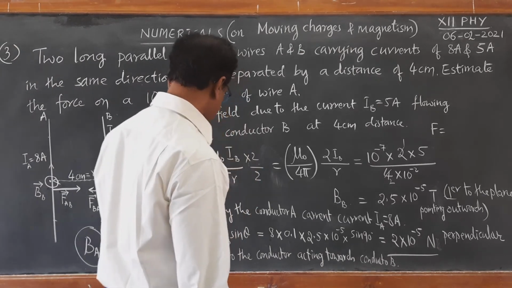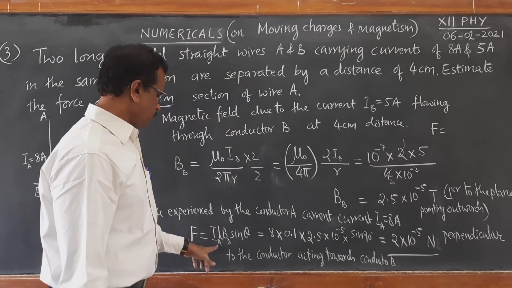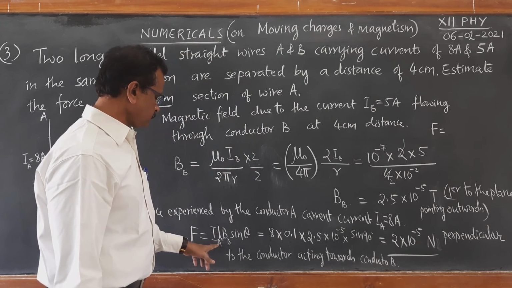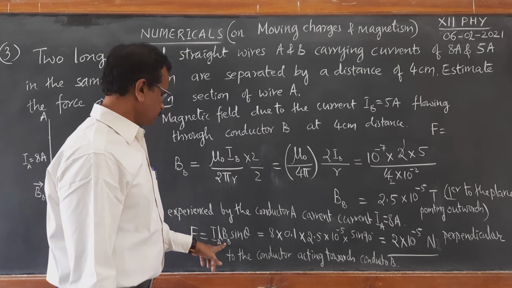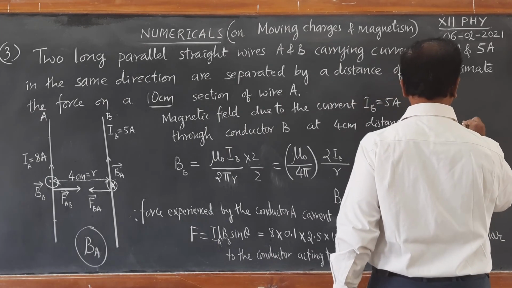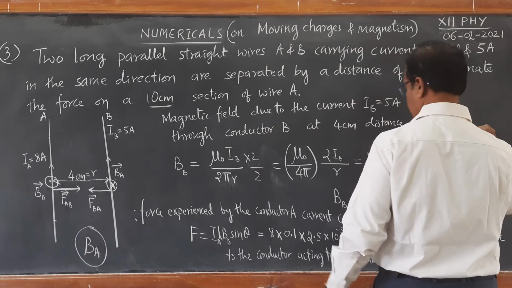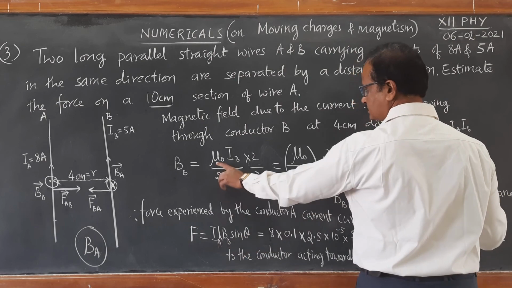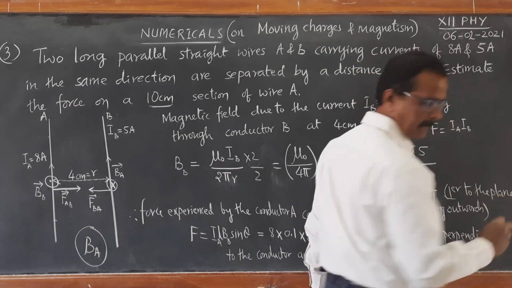So if you just substitute the value of BB here, you can see it becomes IA, IB, because BB is mu naught IB over 2 pi r.